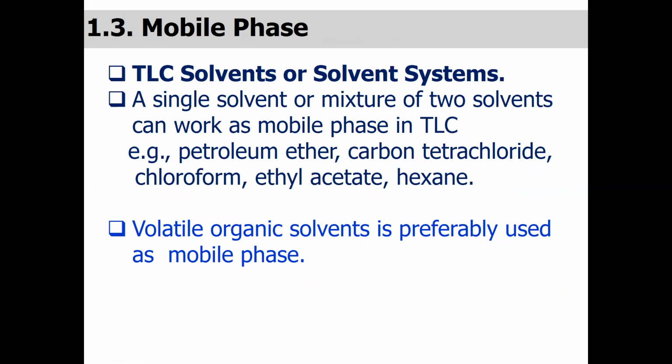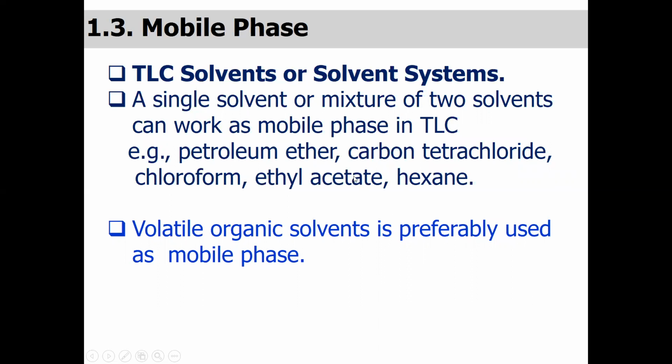Okay, these are some solvents which are used in TLC as solvent systems. For example, we use hexane in order to observe non-polar compounds. We sometimes use carbon tetrachloride, chloroform, ethyl acetate, and we sometimes prefer a mixture in different percentages.